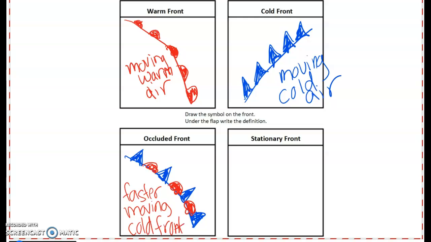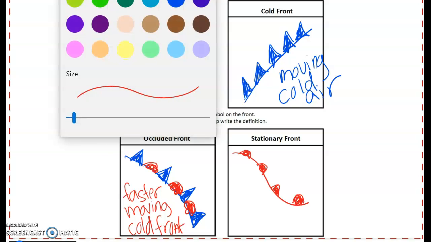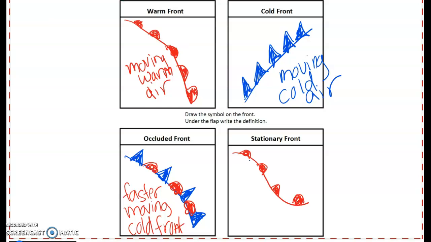And then we have this stationary front that has some red. So it's got the warm front on one side, and then it has the cold front on the other side.